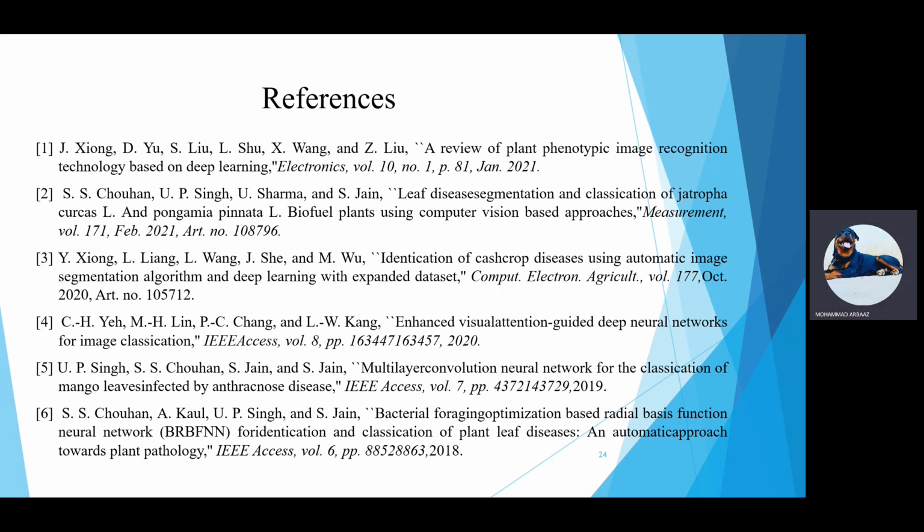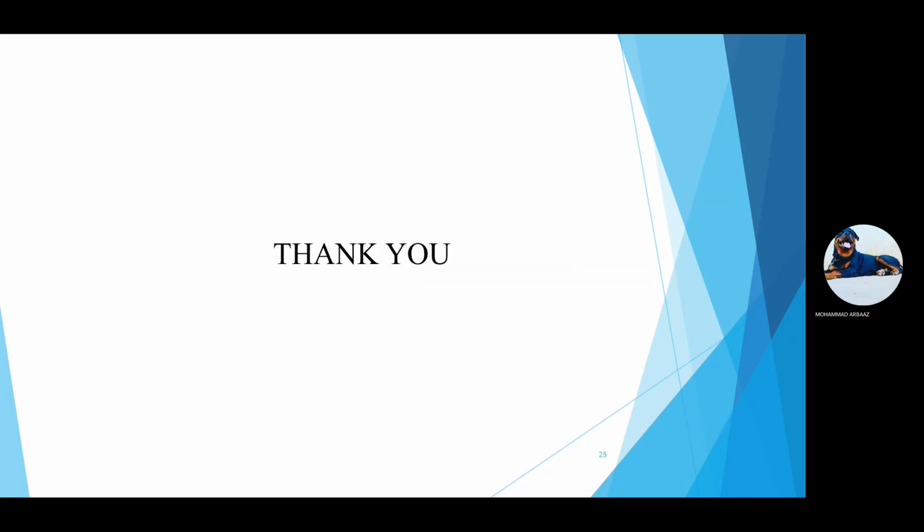At last, multi-layer convolutional neural network for the classification of mango leaf infected by anthracnose disease was published by S.S. Chauhan and S. Jain and U.P. Singh, which was published in an IEEE conference. Thank you.